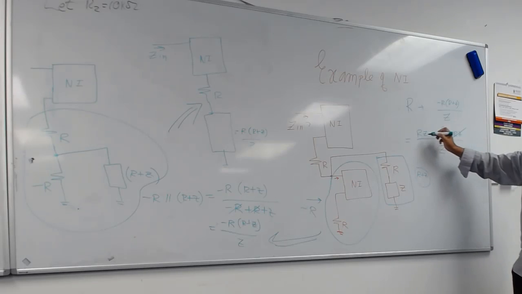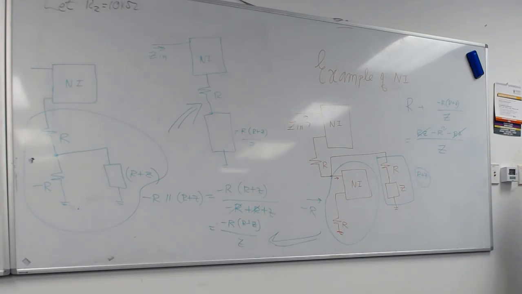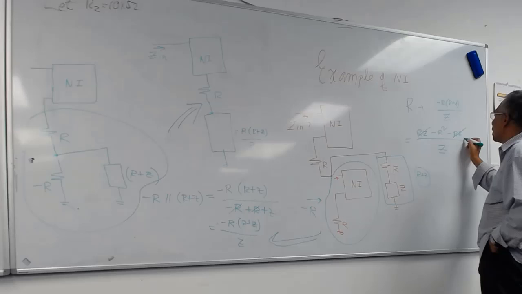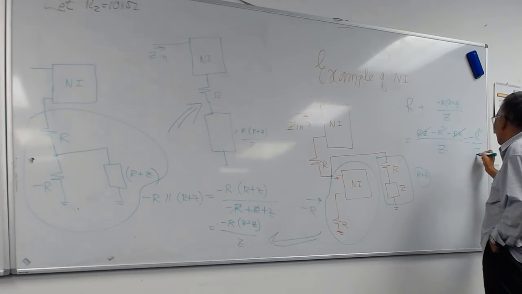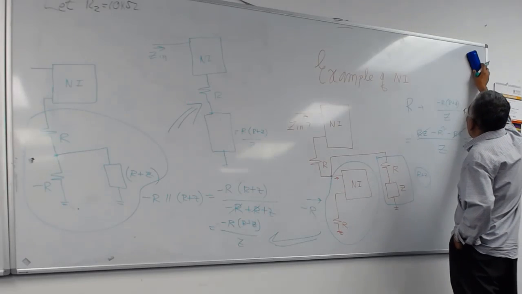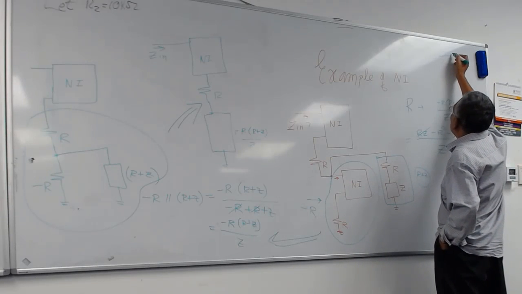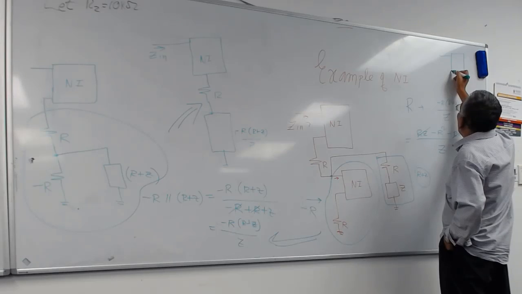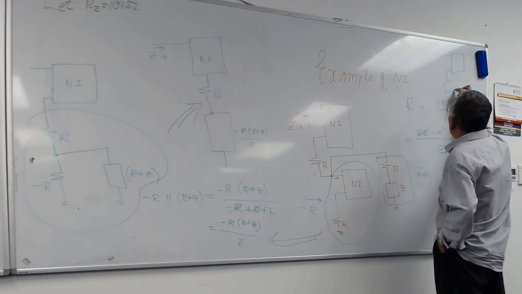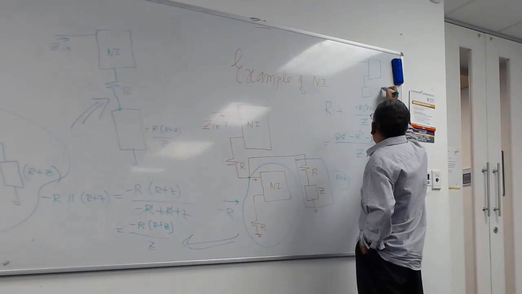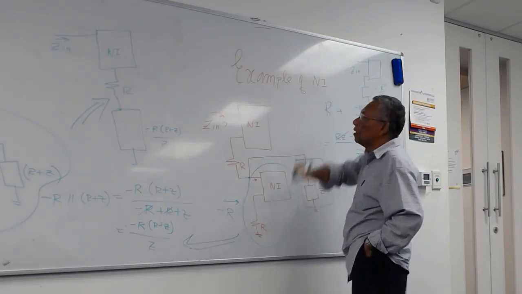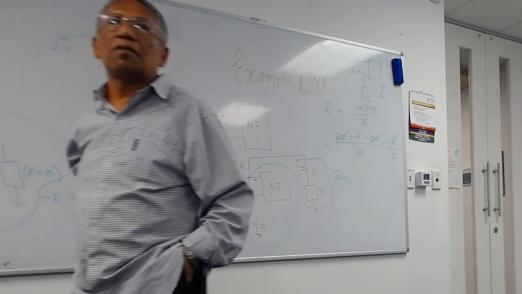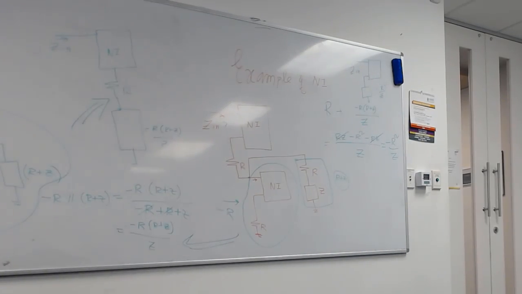So this will cancel, and you will be left with minus R square divided by Z. So you can then go into another box where here you have minus R square divided by Z. So how much is Z in? R square by Z.